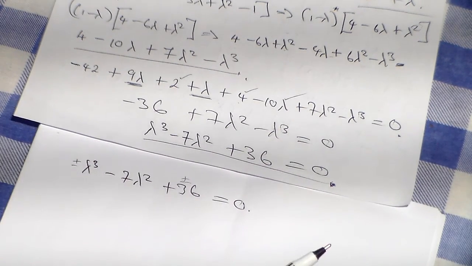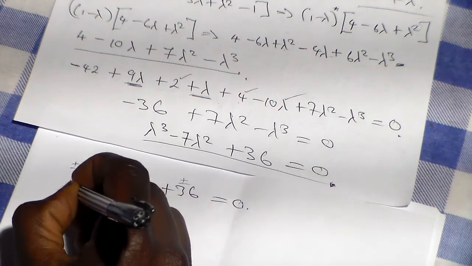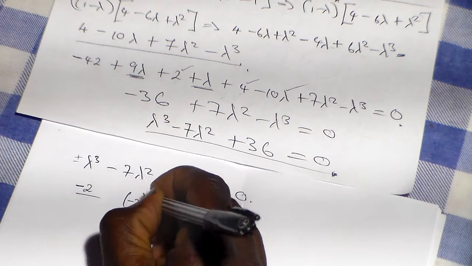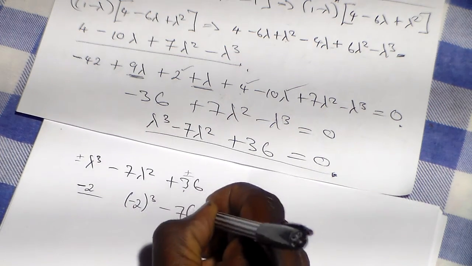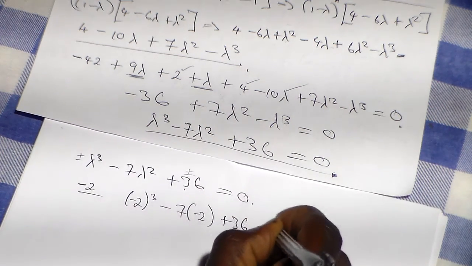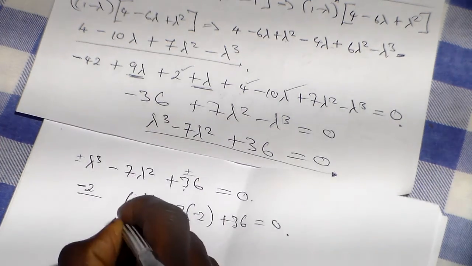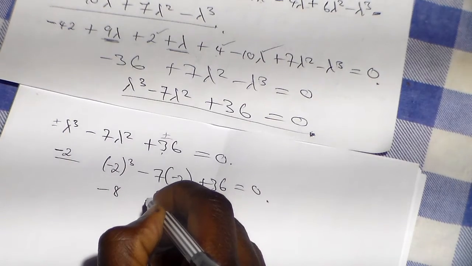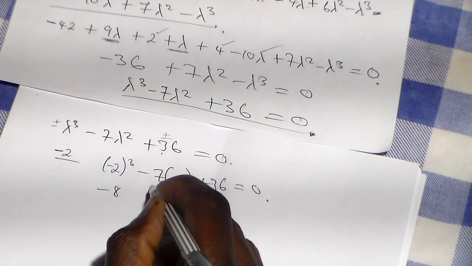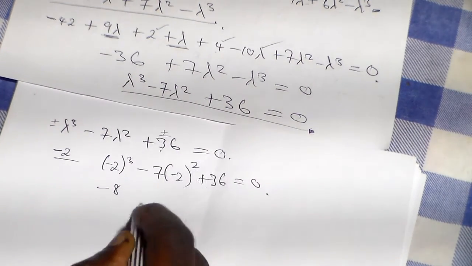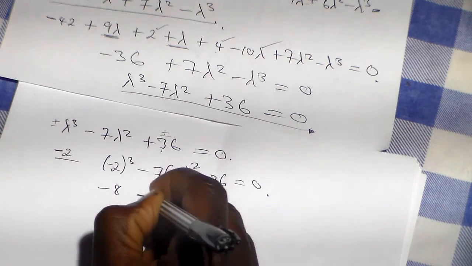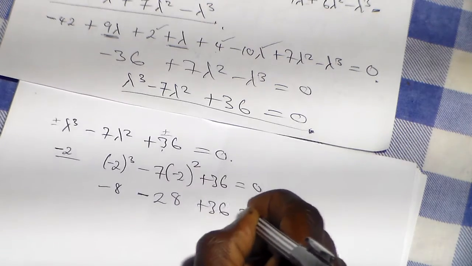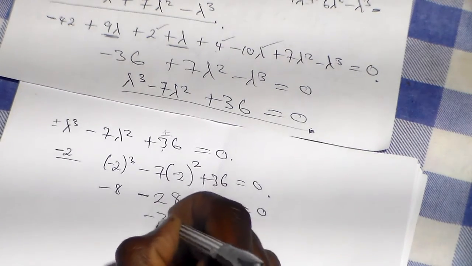Okay, so I will start by trying minus 2 inside the equation. Minus 2 cubed, minus 7 times minus 2 squared, plus 36. Here I'm getting negative 8. Then there, this is a squared, I'm getting a negative 28 plus 36. This is giving me a 0.